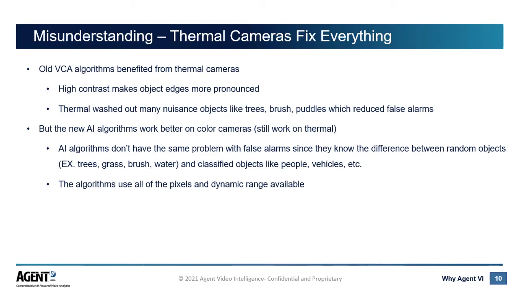Thermal cameras, at least as of today, don't have the same pixel density. And also by the very nature of the way thermal cameras work, their dynamic range is drastically reduced versus color cameras. So even though the AI algorithms can work with thermal cameras, you're not feeding it as much information, and therefore you're going to lose some of the distance detection, for example, some of the accuracy.